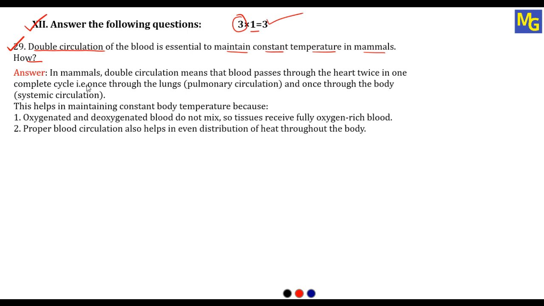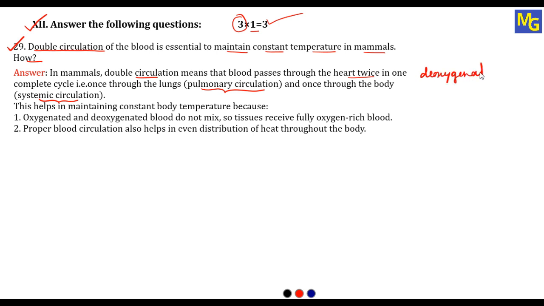So the answer is, in mammals, double circulation means that blood passes through the heart twice in one cycle, that is once through lungs, which is called pulmonary circulation, and once through the body, which is called systemic circulation. Means once the blood will come into the heart as deoxygenated.